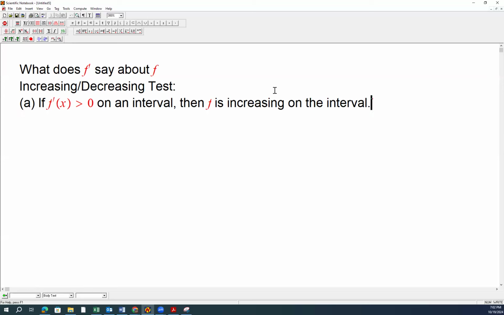So from the sign of the first order derivative, we can tell if a function is increasing or decreasing.